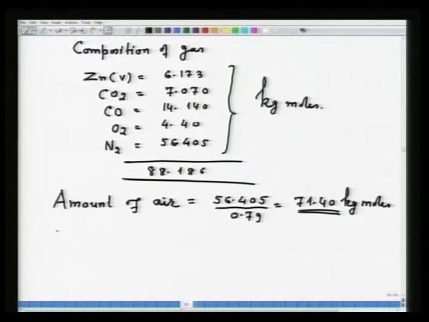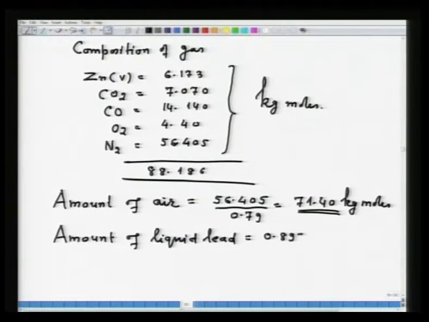Now we can do all calculations. The amount of liquid lead is equal to 0.897 kg moles. Well, if you are interested in obtaining it in kg, just multiply 0.897 into 207, that is the molecular weight of lead.